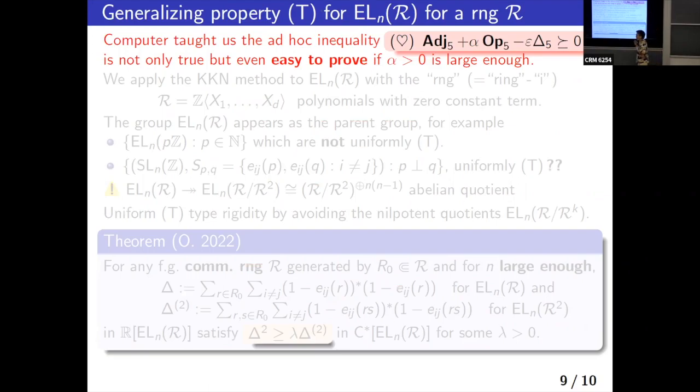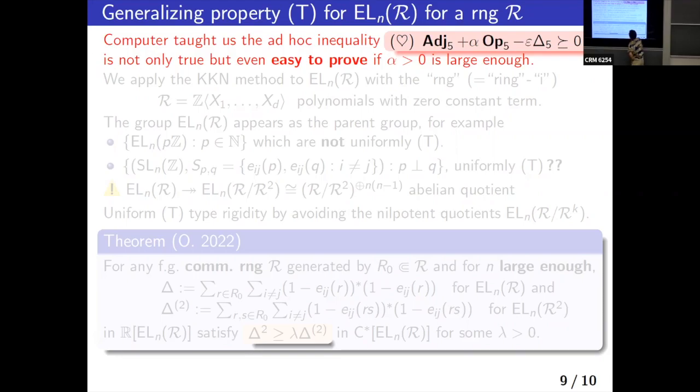And I was lucky that this was before the pandemic, because otherwise we wouldn't discuss things like this on Zoom. And so it may be easy enough for a human to prove this inequality for alpha large enough. In the Aut(F_n) case, I tried a little bit, so that if I prove this for alpha large enough, then I prove Aut(F_n) has the property for n large enough.